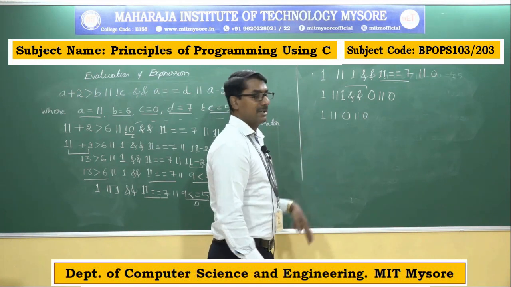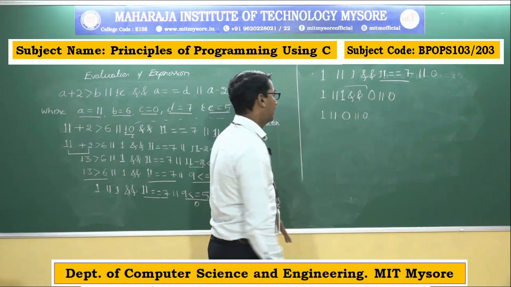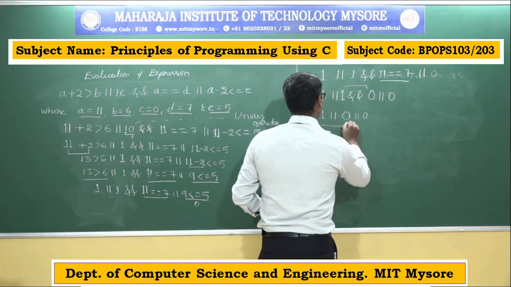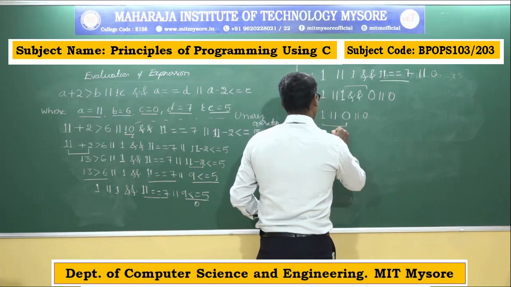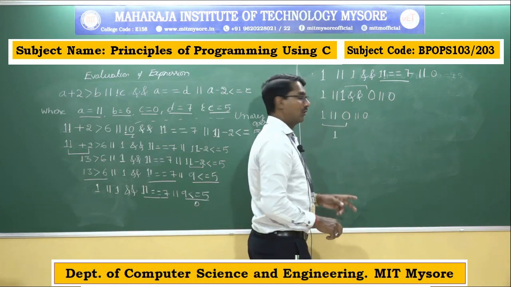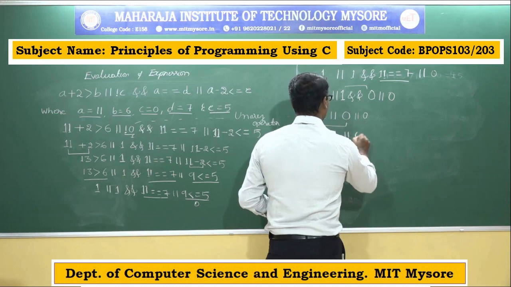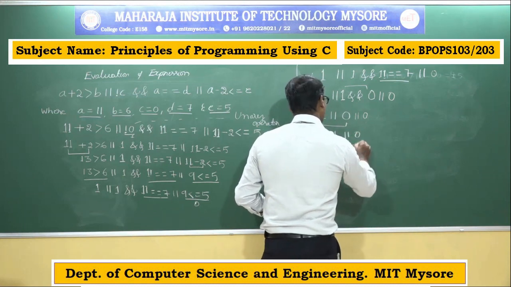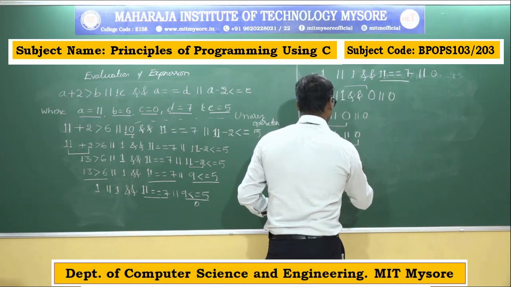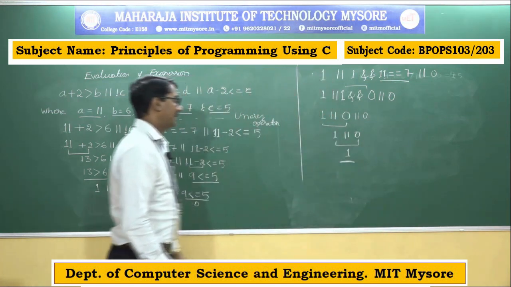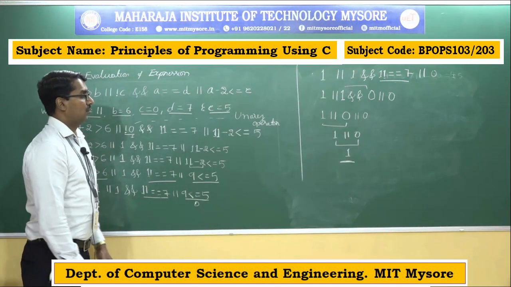So here both operators are OR operators. So first it will evaluate 1 or 0. In logical OR operation, if any one of the expressions is true, the output will be true. So 1 or 0 is 1. After evaluating this expression, the output will be 1.